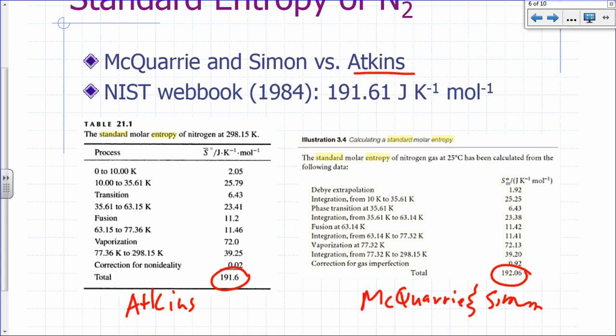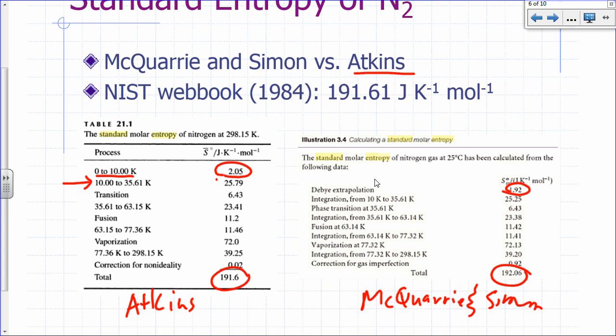Look, from 0 to 10 Kelvin, Macquarie and Simon extrapolated delta S to be 2.05 joules per Kelvin per mole. Atkins gives you a number of 1.92. Then what happens from 10 Kelvin to 35.61 Kelvin?